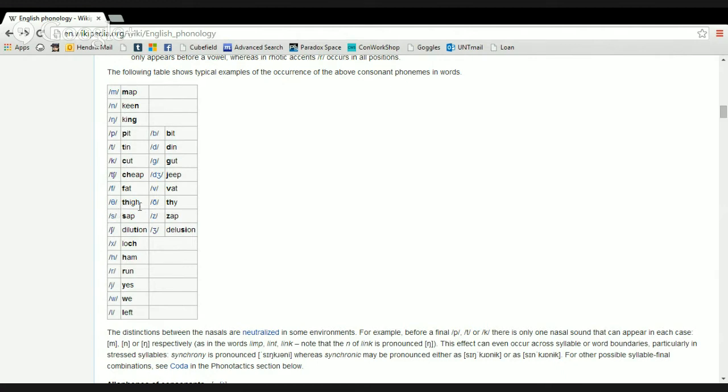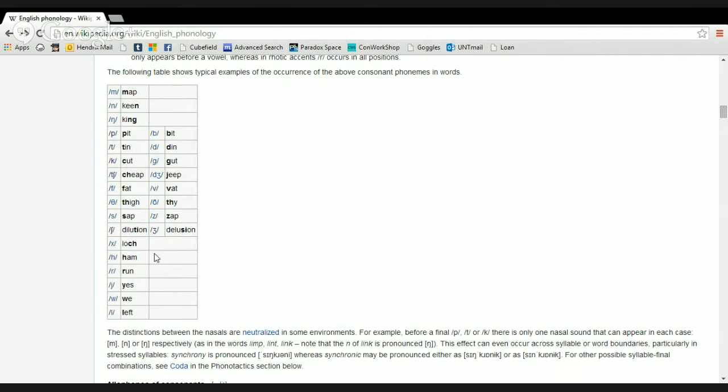The difference between them: if you reach up and touch your throat, with this one your throat will not vibrate when you say it, but with this one, your throat will. Thigh, thy. This sound we don't actually need to worry about. It only exists in Scottish English, so we're just going to ignore it.